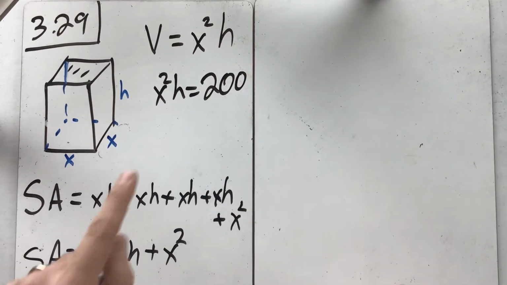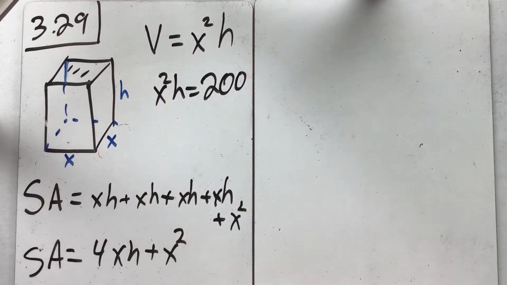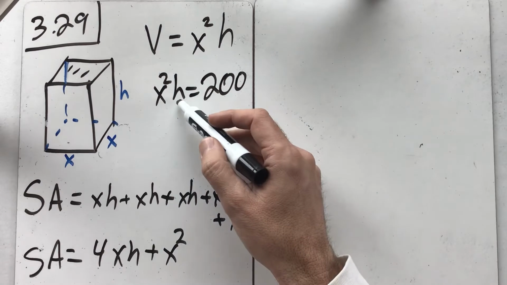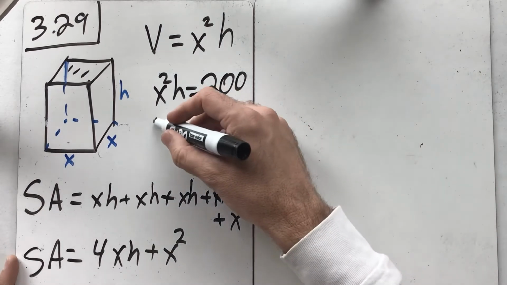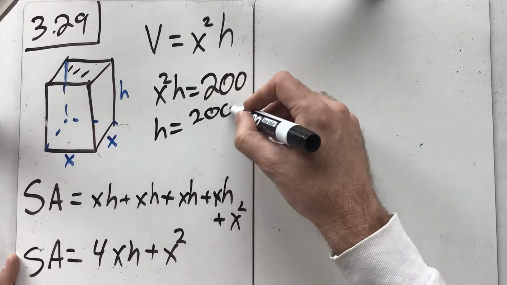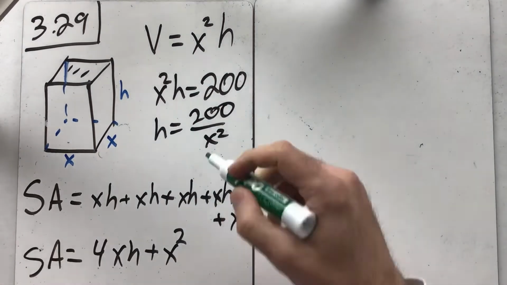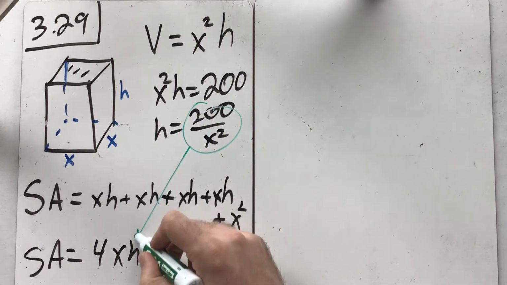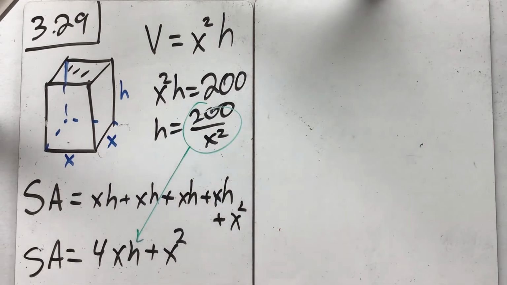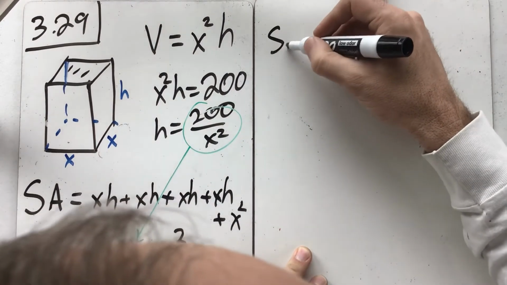So I'm going to solve for one of these two variables and plug it in. The reasonable one to solve for is h. So h is 200 over x squared, and I'm going to plug that in right there into that h.